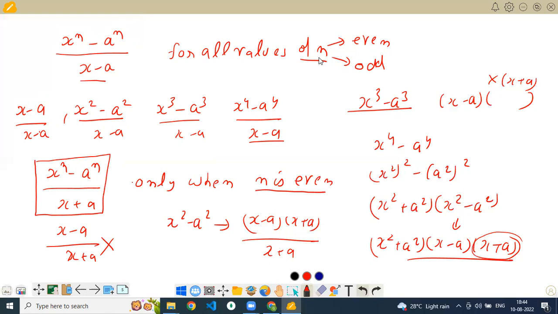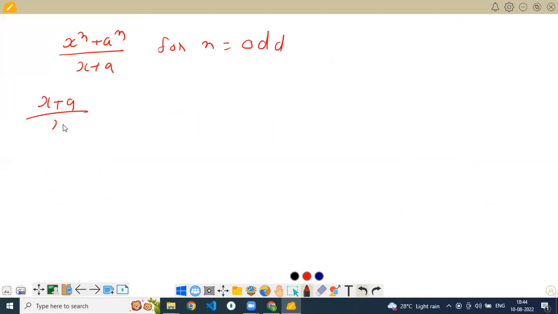And last in this series is x to the power n plus a to the power n, which is divisible by x plus a for n odd. So you take x plus a, then x plus a is divisible by x plus a.